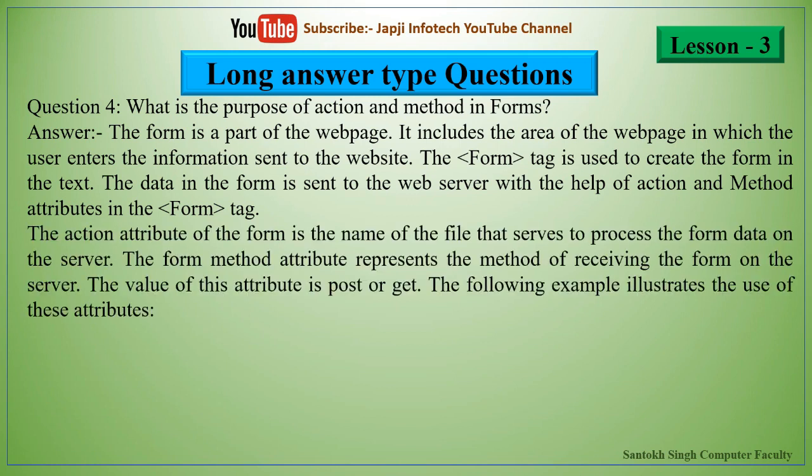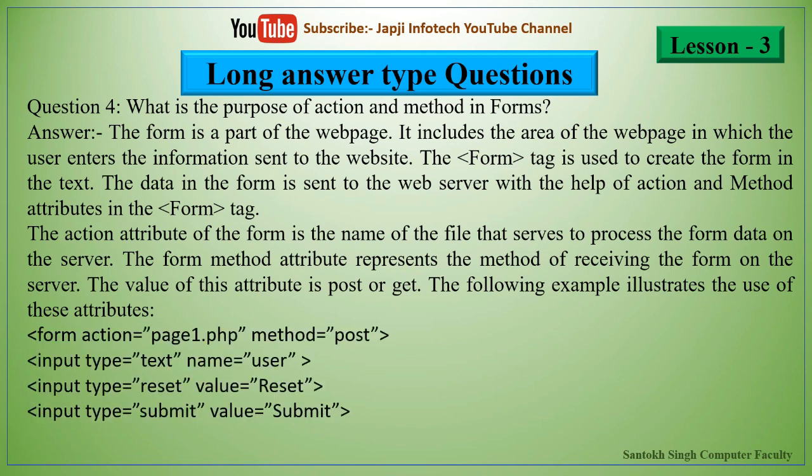The action attribute of the form is the name of the file that serves to process the form data on the server. The form method attribute represents the method of receiving the form on the server. The value of this attribute is post or get. The following example illustrates the use of these attributes.